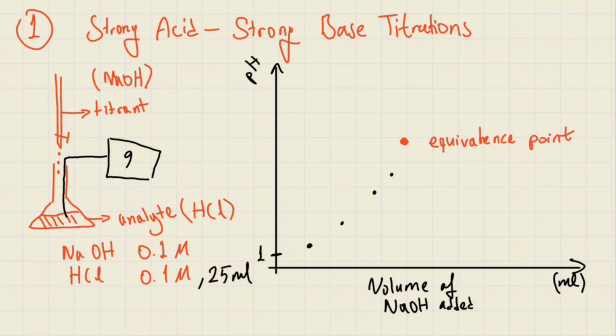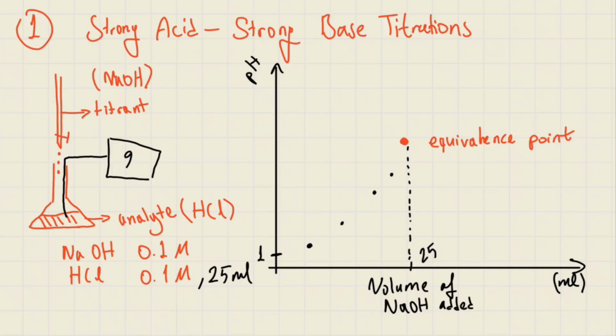So the equivalence point in a titration is the moment when the amount of titrant added is chemically equivalent to the analyte, according to their stoichiometric ratios. So we have 25 milliliter of the HCl, and we have 25 milliliter of the sodium hydroxide, and their concentrations are the same.